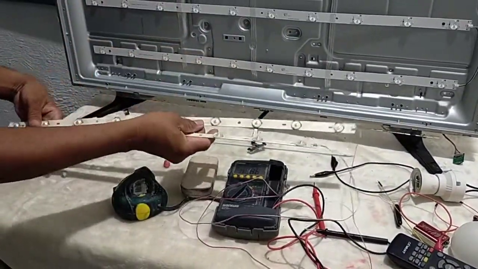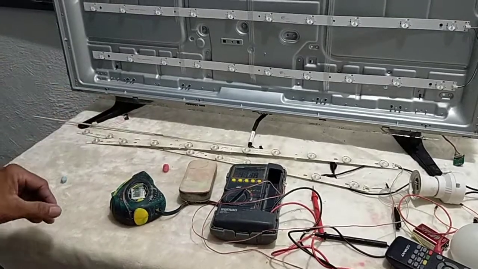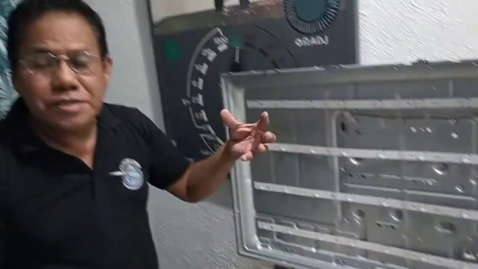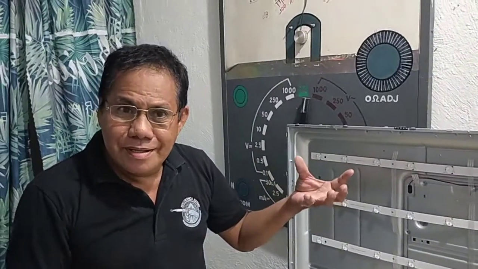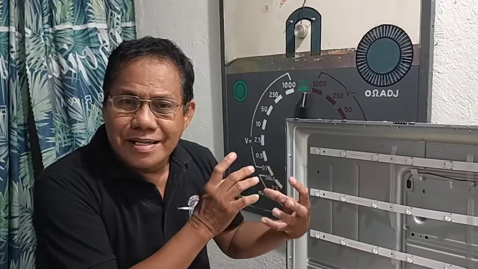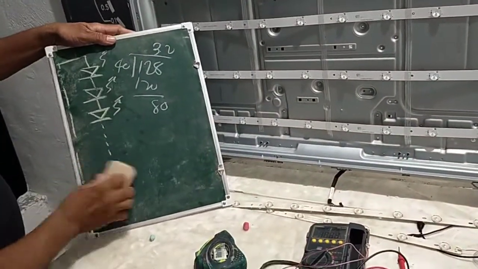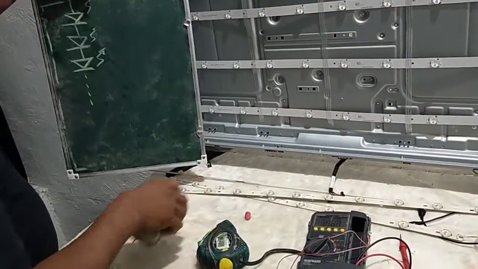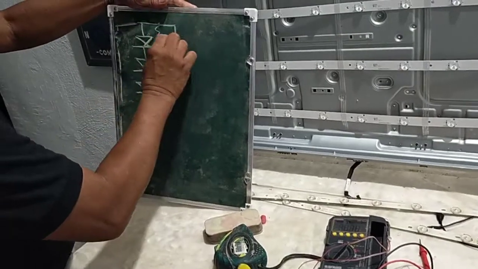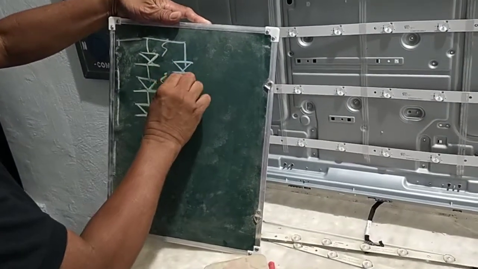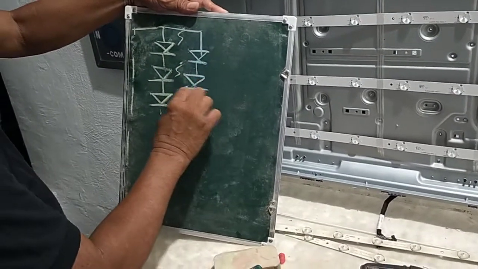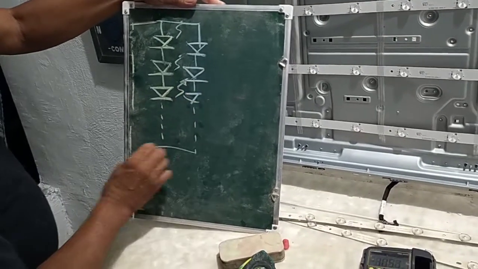So when it is connected in parallel, the applied voltage is 30 volts. 30 divided by 10 is 3 volts. Because it goes like this again, another 10 LEDs here.